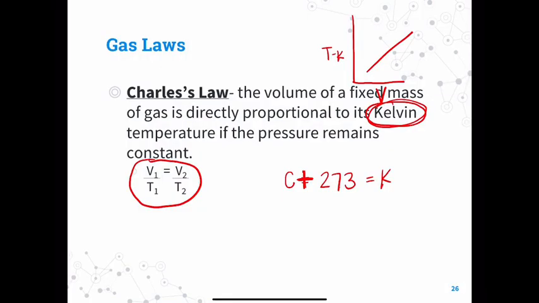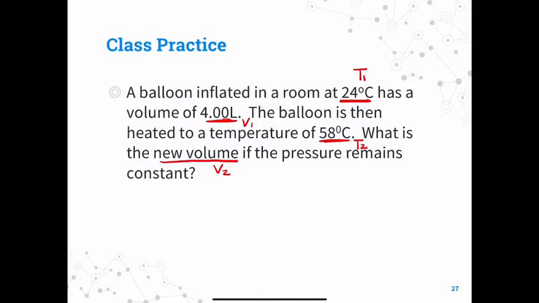Okay, so we're going to use our formula V1 over T1 equals V2 over T2. Okay, so my V1 is 4.00 liters. That's what I labeled that. My V2 is what I'm solving for.